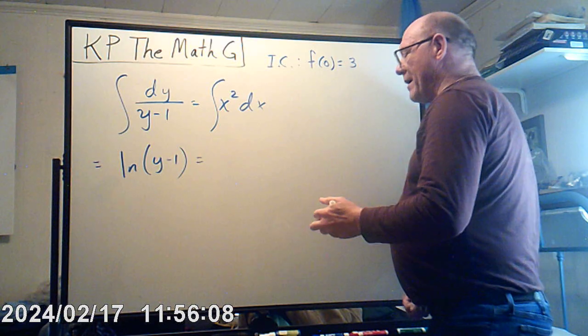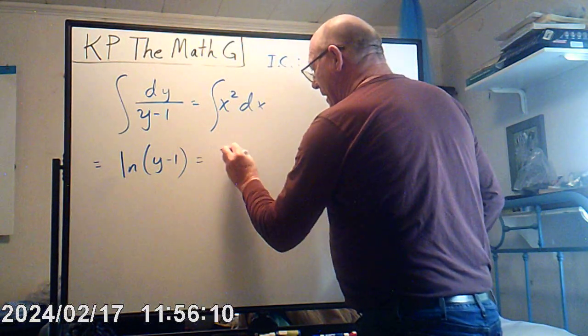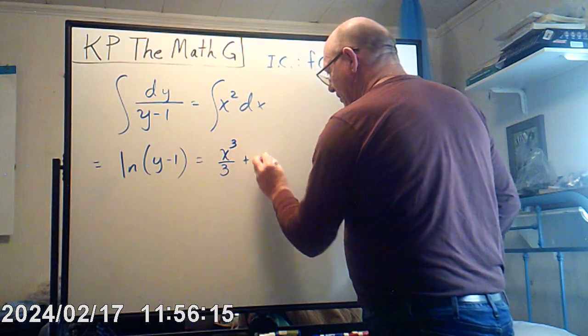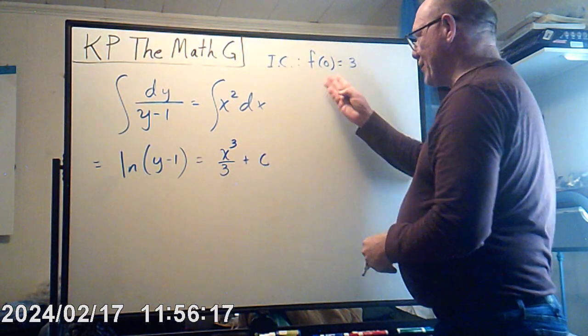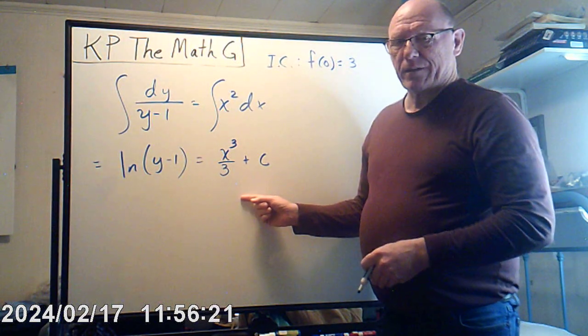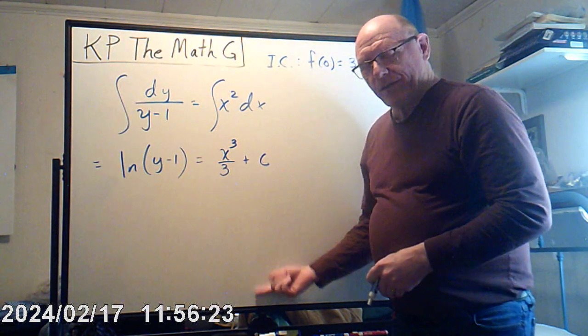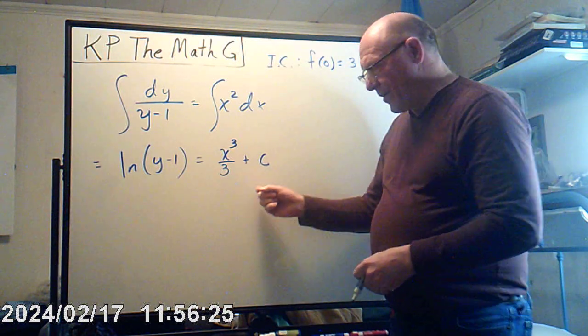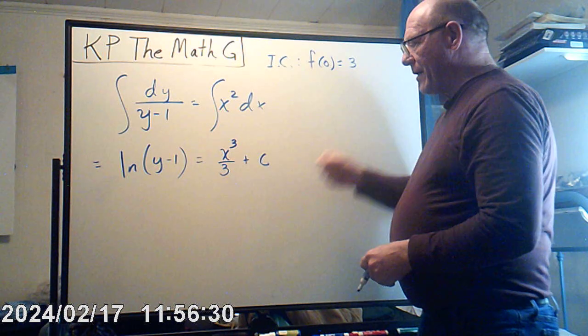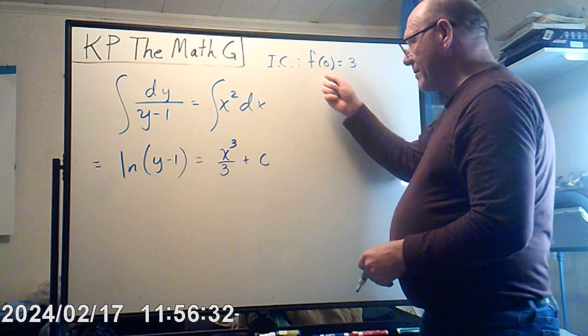X squared, we know that's going to be x cubed over 3 plus c. This means nothing if you do not add the plus c to this. You miss everything from here on down if you do not do this. At this point now, I'm just going to plug in f at 0.